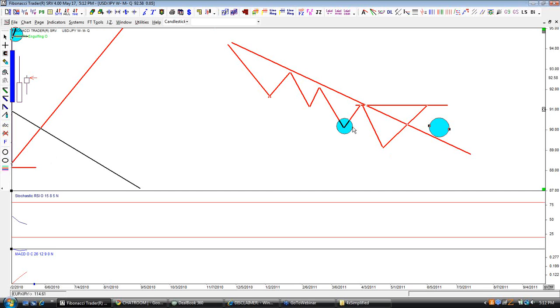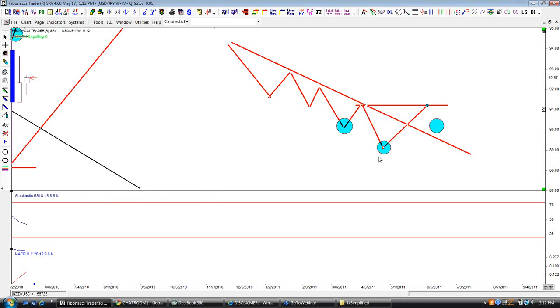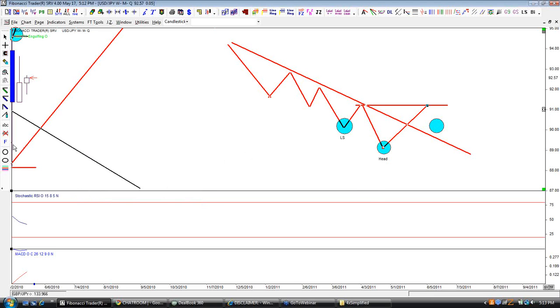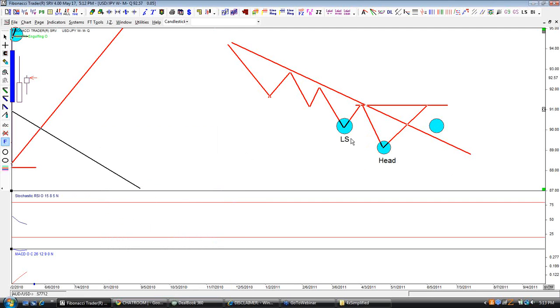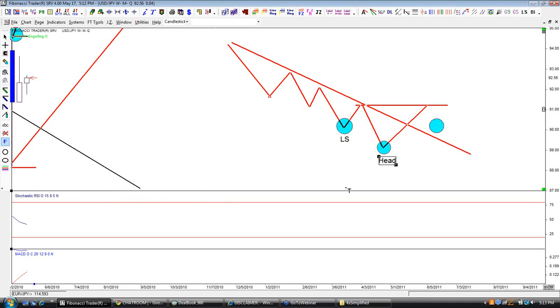Now we have the left shoulder, right shoulder, and we have the head in the middle. Let me make the font larger. So we have the left shoulder, we have the head, we have also the right shoulder.